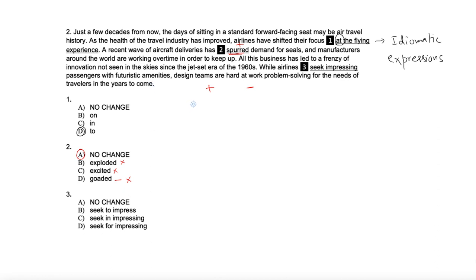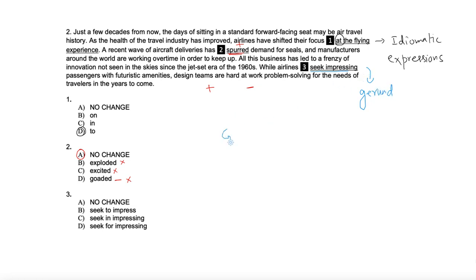Let's move on. All this business has led to a frenzy of innovation not seen in the sky since the jet set era of the 1960s. While airlines seeking impressing passengers with futuristic amenities, design teams are hard at work problem solving for the needs of travelers in the years to come. So this is basically a gerund. And you see, we don't need a gerund over here. It doesn't fit in.